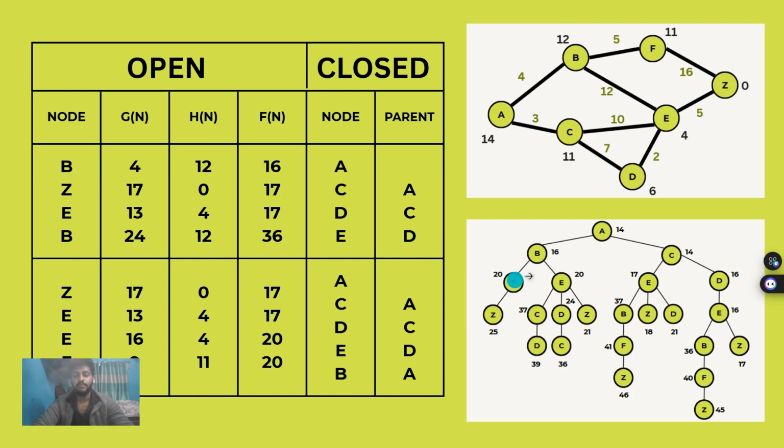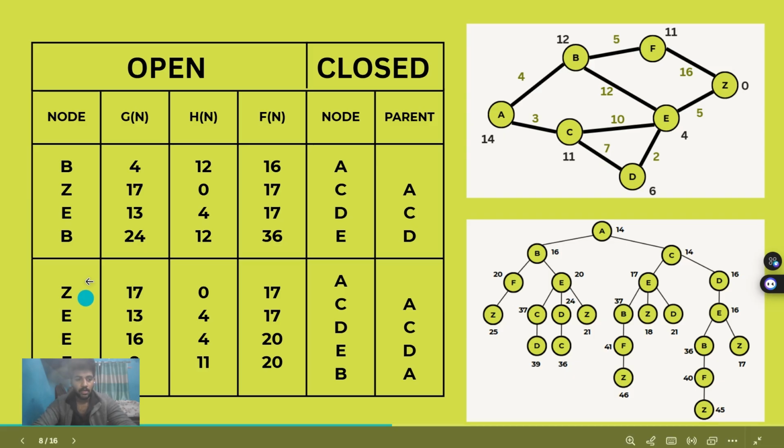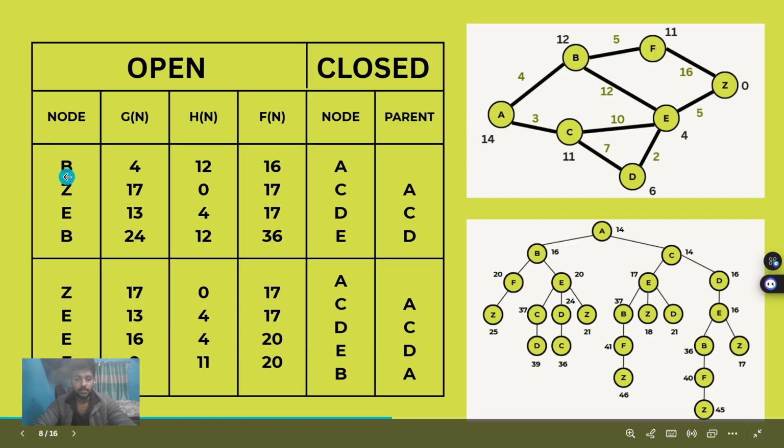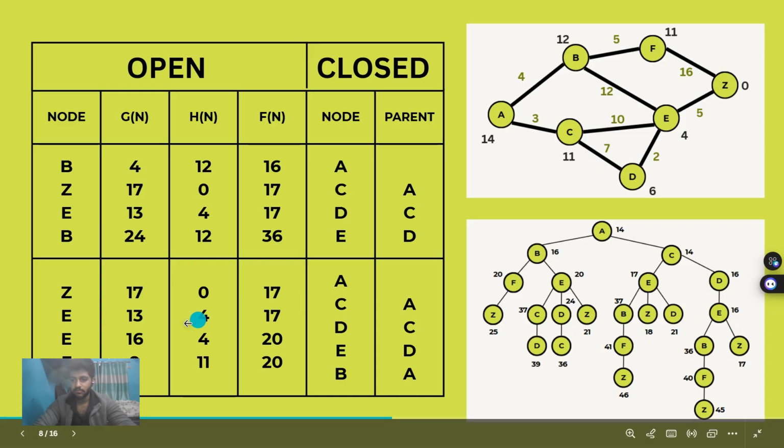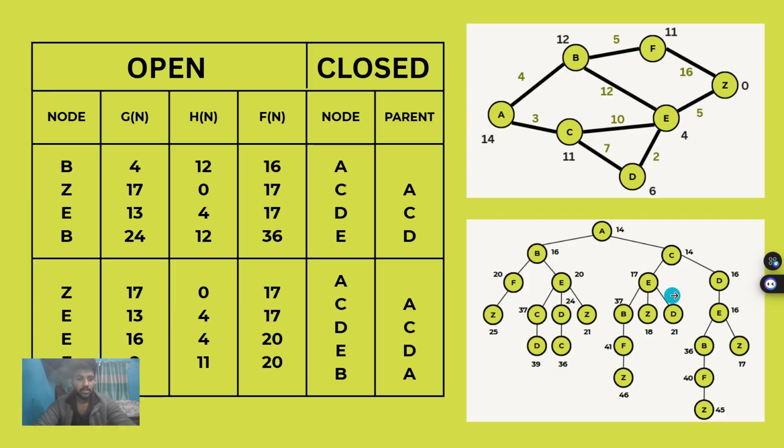This B's children are F and E. So we'll be exploring this F and E here, and then we are going to close B here. At last we'll be having Z from here, which is 17, and this E from here, which is again 17, and then the E and F which we have just explored.